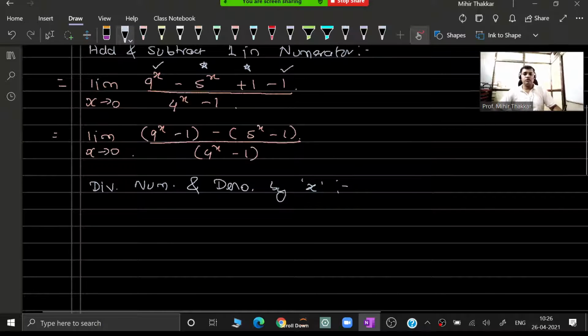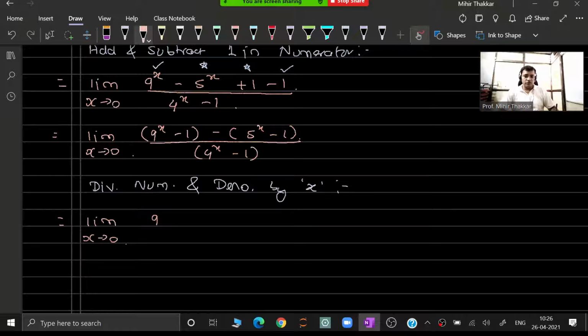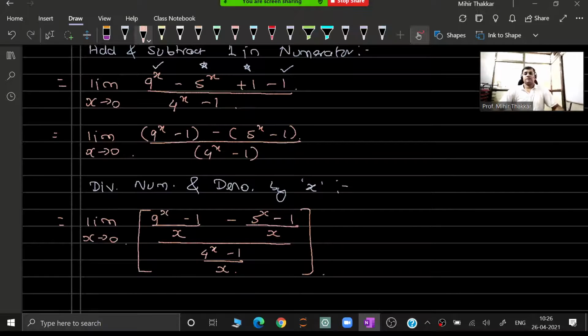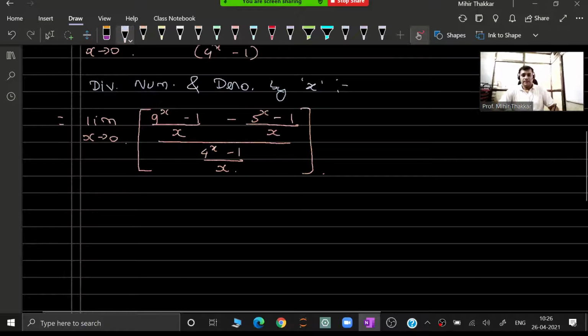When you divide this numerator and denominator by x, this is equal to limit as x tends to 0, (4 raised to x minus 1 divided by x). So over here, now everything has been adjusted as per our requirement.